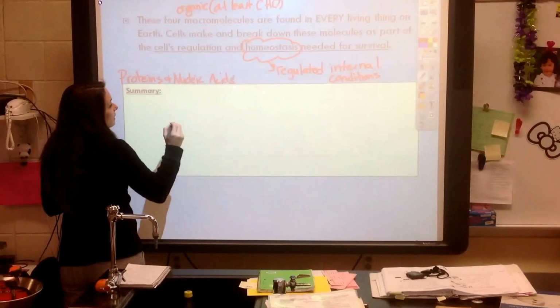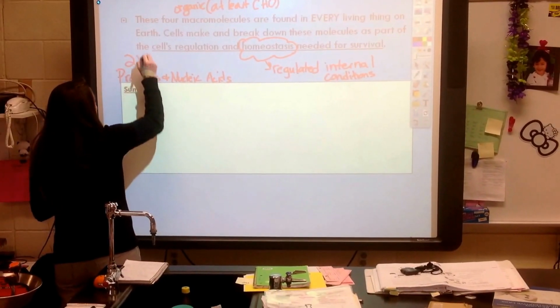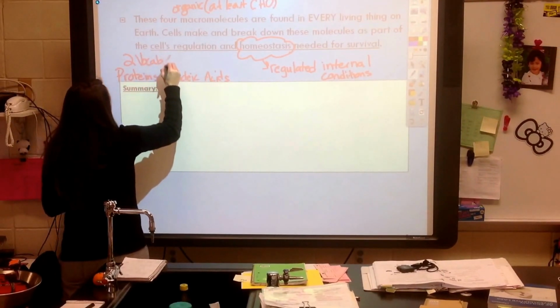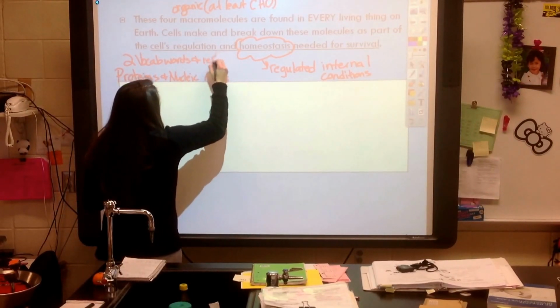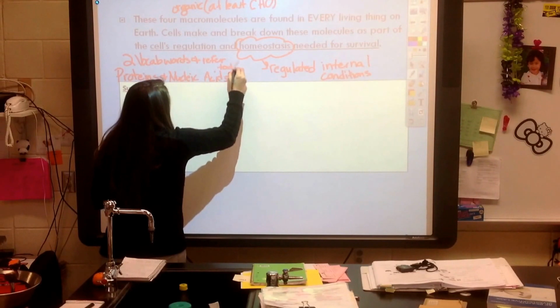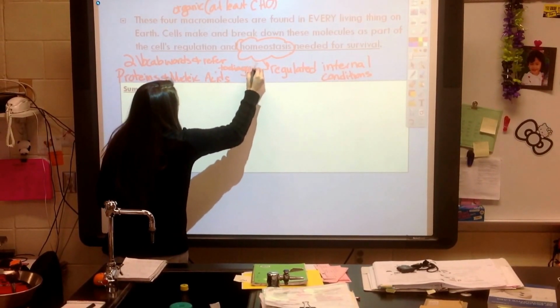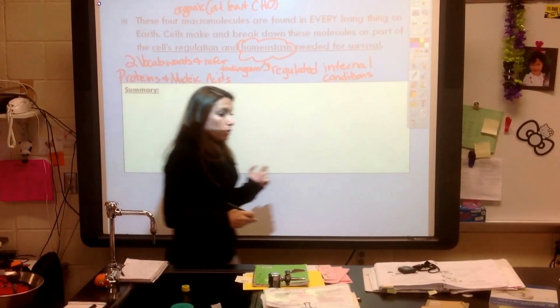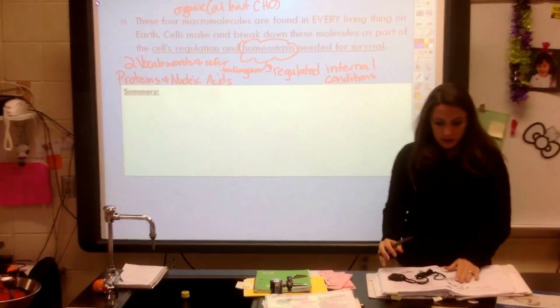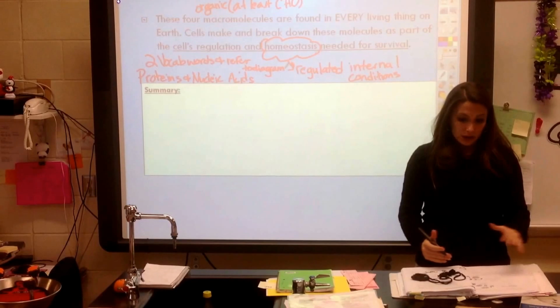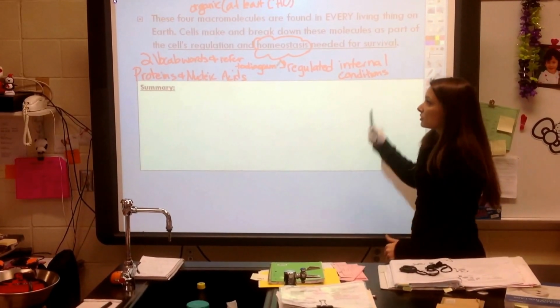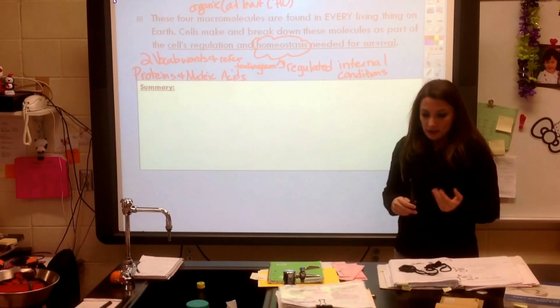Please use at least 2 vocabulary words and refer to a picture, a diagram from your notes. So if you look back, you're going to see lots of different diagrams in your notes. You've got 1.1 G, H, and I that you can refer to. And this is where we're stopping.